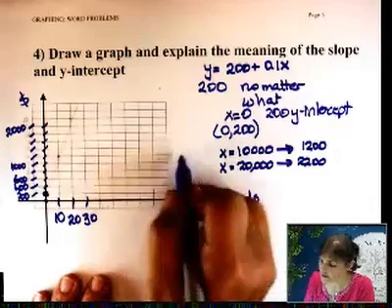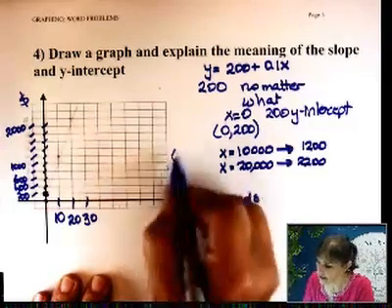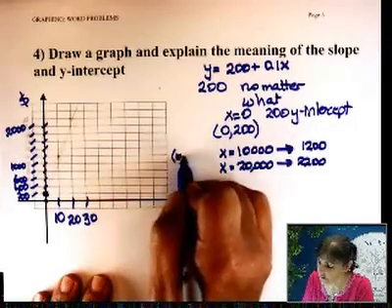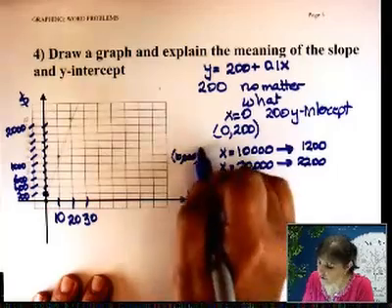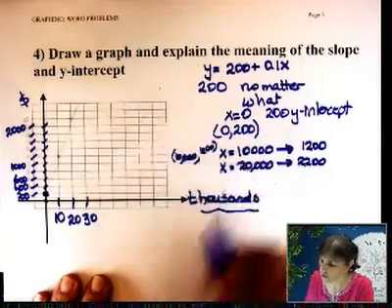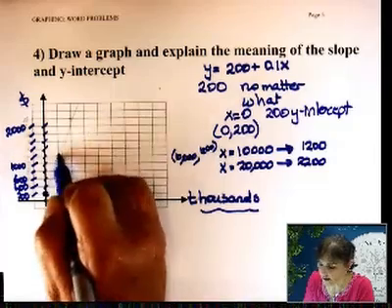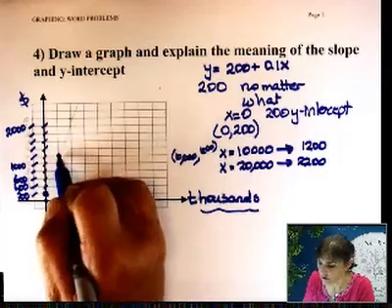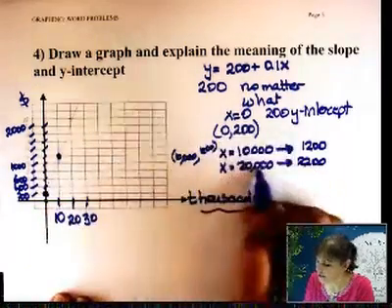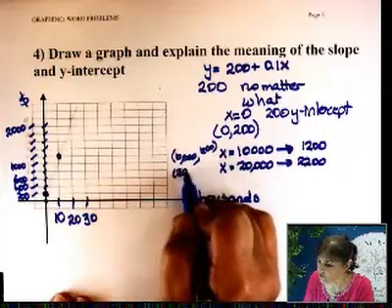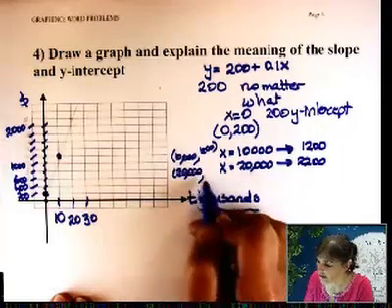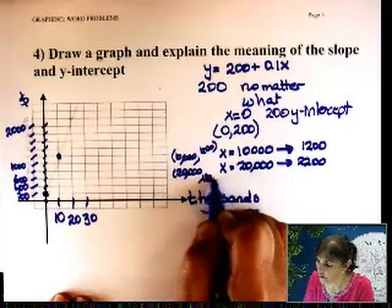What that means is, this one is 10,000, comma, 1,200. That's my ordered pair, 10,000, 1,200, right here, because this one is 1,000. And this one means when he sold 20,000, he made 2,200.